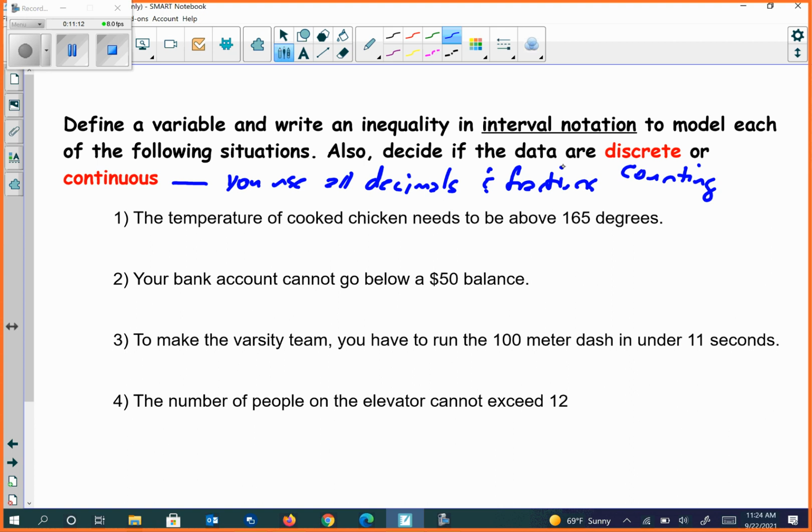So temperature of cooked chicken needs to be above 165 degrees. So it'd be something like that, okay, which means I'd go 165. Now, obviously, I'm not going to get to an infinite temperature. If we did that, the chicken's going to go away. But this would be continuous data.